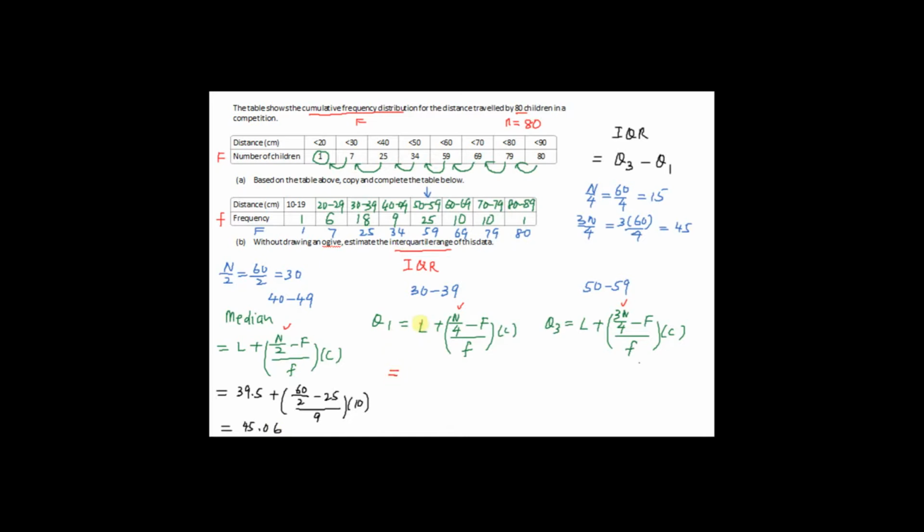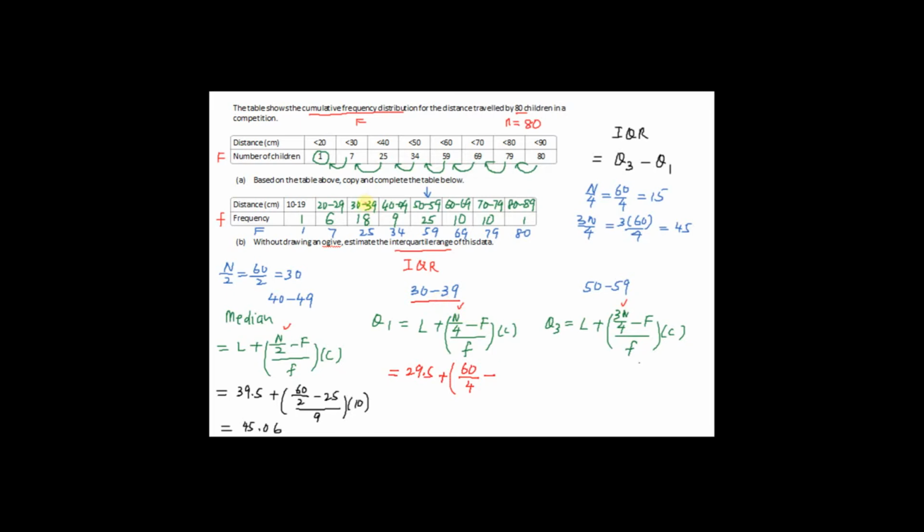To calculate Q1, we use the same concept. L is the lower boundary of this class, which is 29.5, plus N, the number of observations, which is 60, now divided by 4. Remember, for the median it is divided by 2. Minus the cumulative frequency before this class.